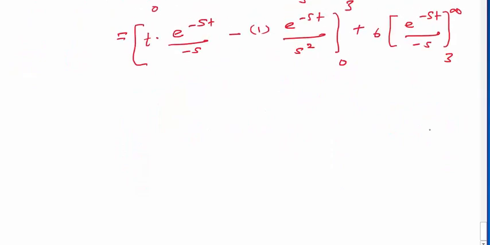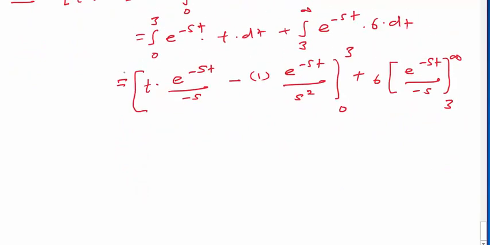Now this will be equal to, first we put the upper limit. So in place of t we have written 3 into e power minus 3s upon minus s. Now this is minus e power minus 3s upon s square.